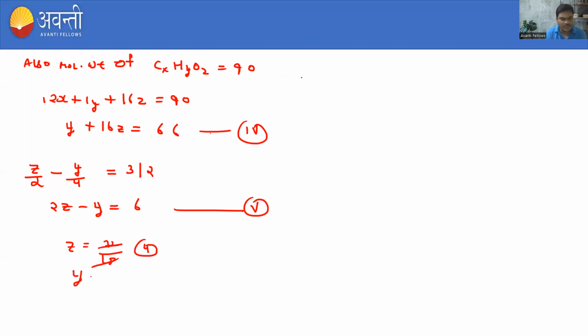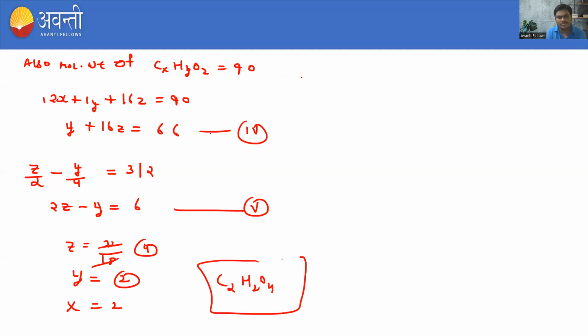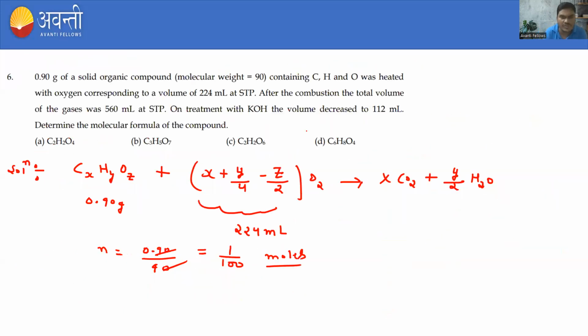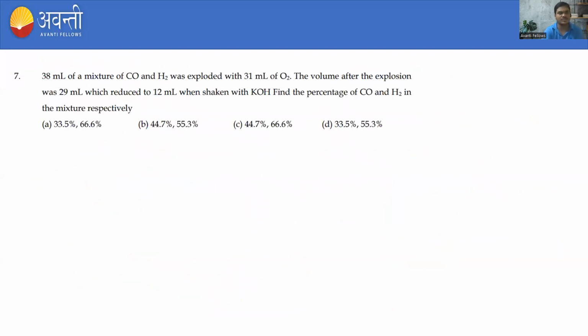So z is 4. Now putting the value, you also get y is 2. So we know z is 4 and x is also equal to 2. What is the formula? That is C2H2O4. So which one is correct? C2H2O4, yeah, this is the first one. So option first is absolutely correct for this question.